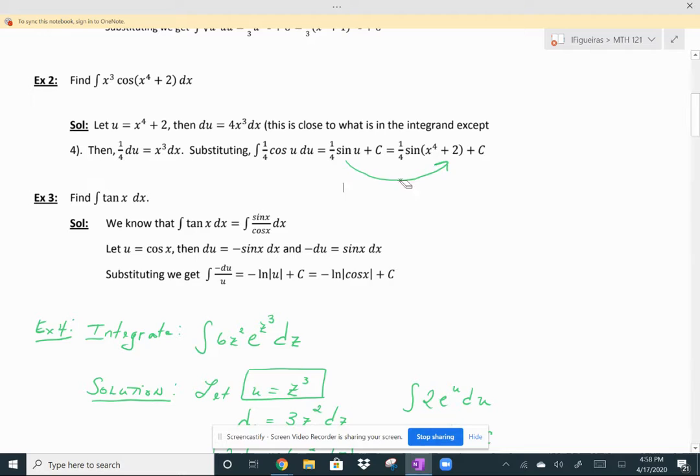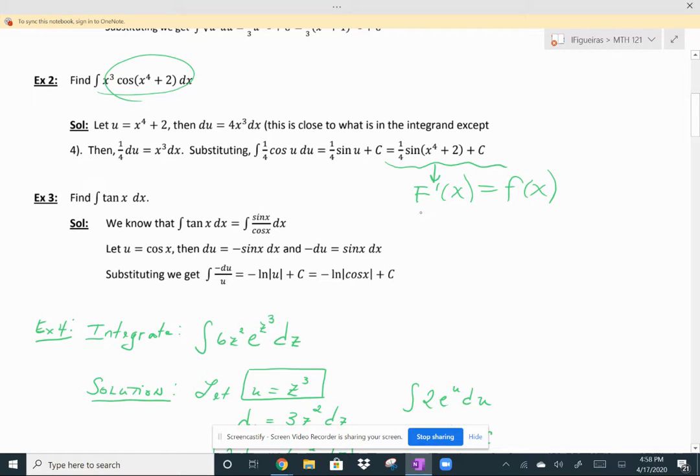So remember, with all of these problems, if you take the derivative of your answer, let's say this is f, it should equal the original function, which was our integrand. So in order to find the derivative of 1/4 sine of x to the fourth plus 2, you have to apply chain rule.